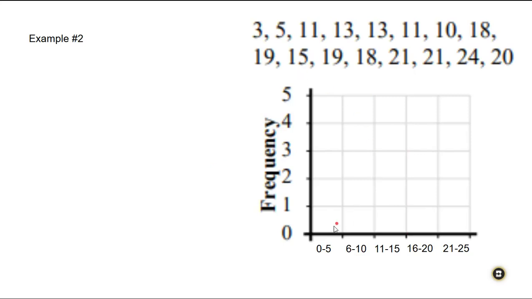All right. Our first set again is 0 to 5, and up here I have 1 and 2, and I'm making sure to look through the rest of my numbers to see that I don't have any others. All right, so I have 2 right there. Next one is between 6 and 10, and for 6 to 10 I have 1, and that's it. So I'm going to just put this one right here. All right, next up, I have between 11 and 15.